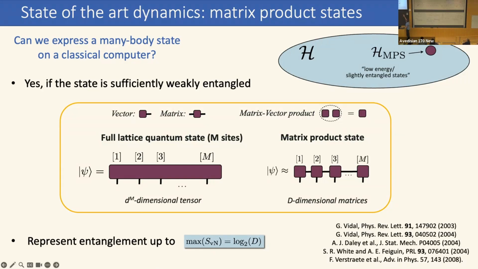But here, this is basically what Steve was looking at yesterday. And of course, matrix product states describe your many-body state well, so long as it's in some sense weakly entangled. If you've got a bond dimension in your matrix product state, which is D, so these are capital D by capital D matrices, then this is able to represent an amount of entanglement up to a maximum value of the von Neumann entropy, which is the log of the dimension.